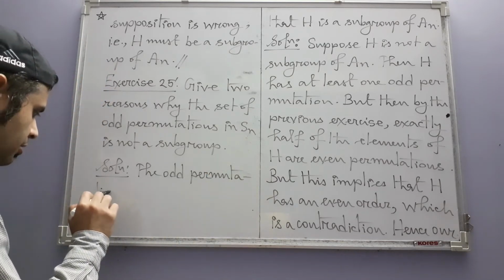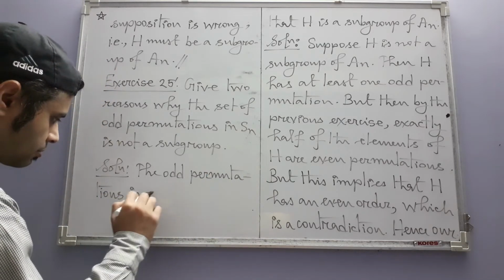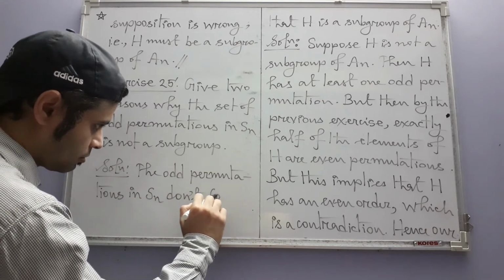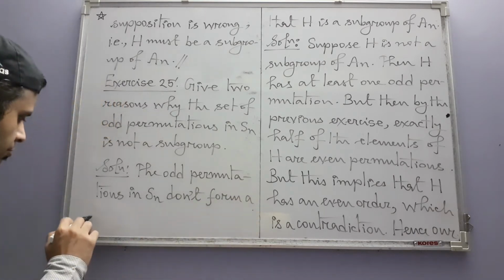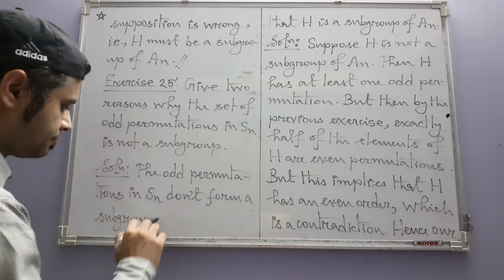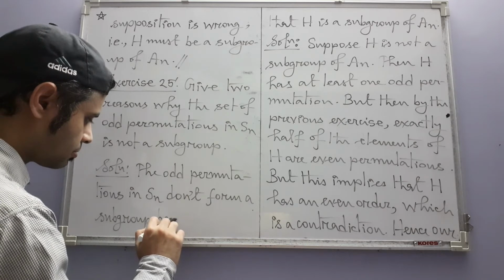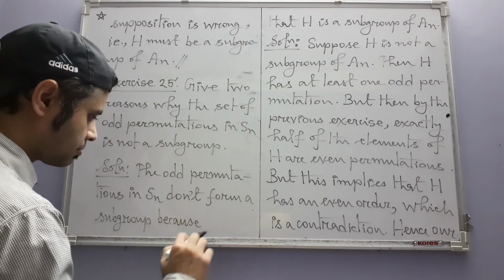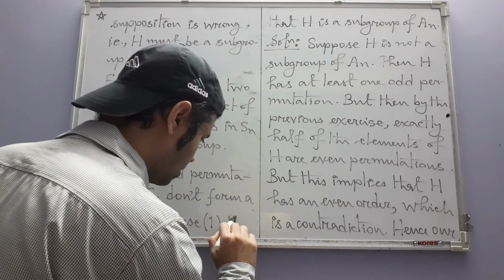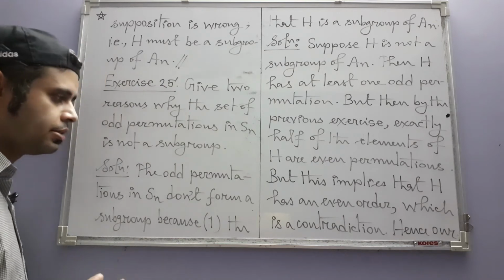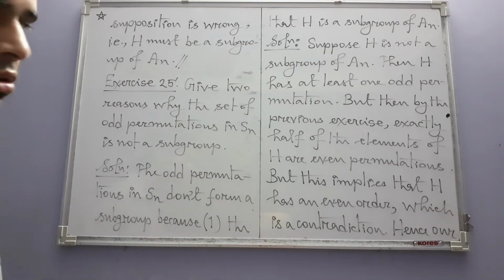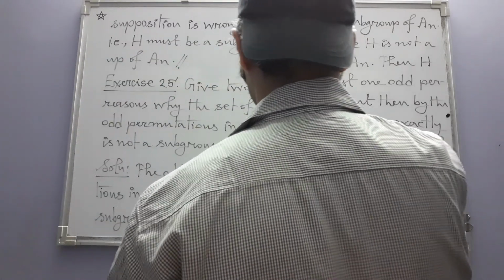The odd permutations in Sn don't form a subgroup because one reason, of course, is that the set is not even closed. Not closed in the worst manner possible.